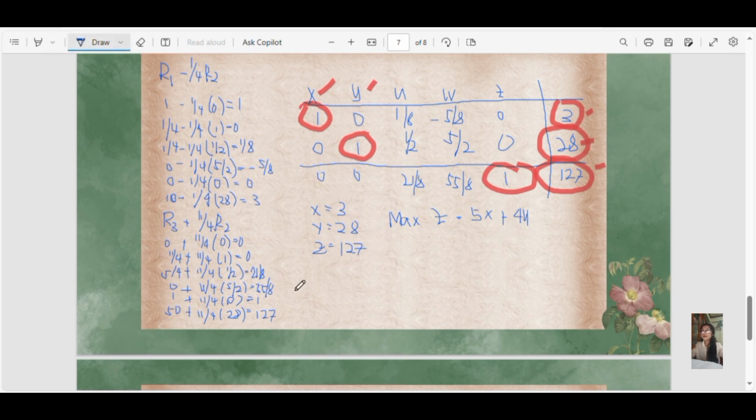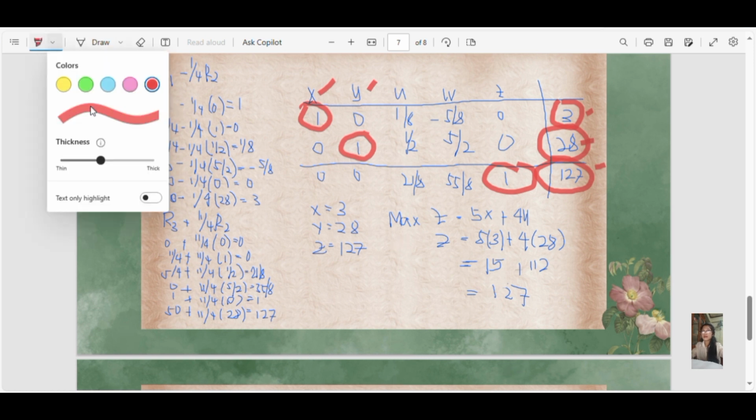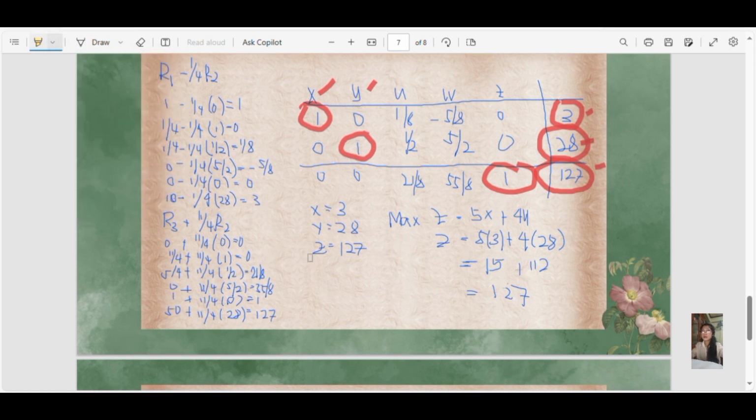Let's distribute: z equals 5 times 3, because x equals 3, and 4 times 28. 5 times 3 is 15, plus 4 times 28, that is 112. 15 plus 112 is 127.